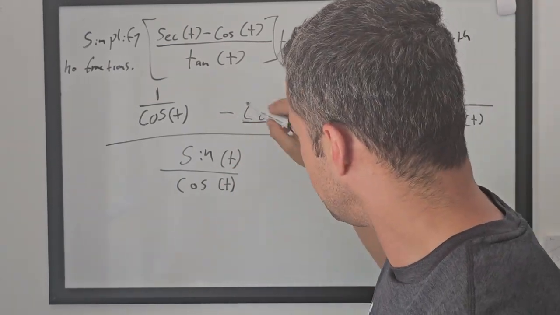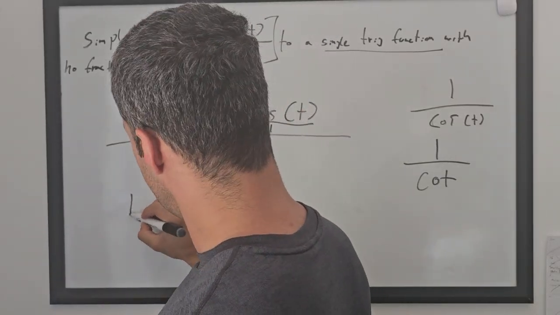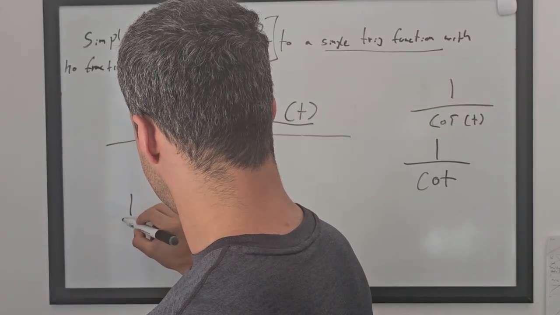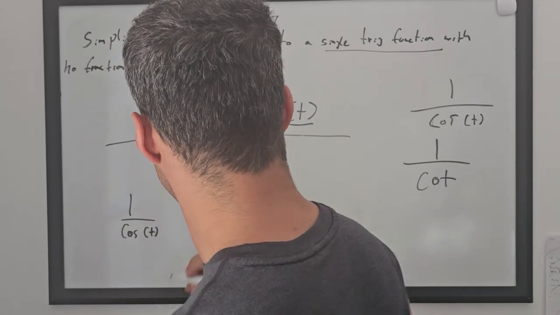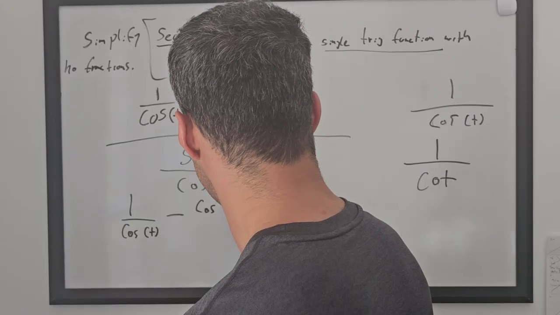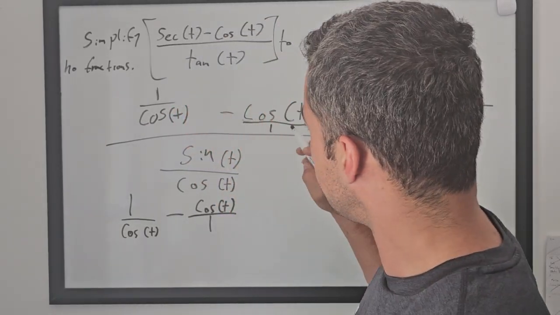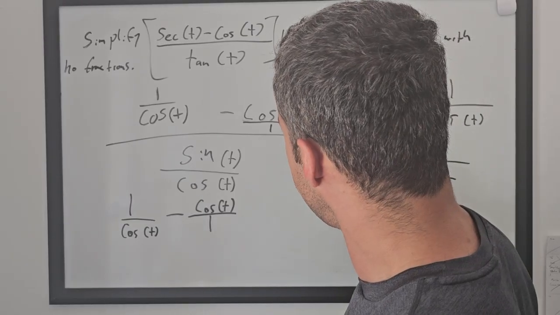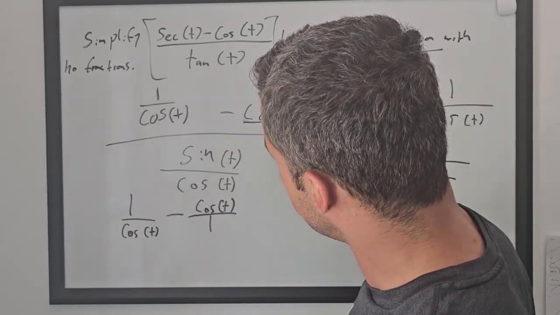For this one, we can rewrite this as 1 over cosine reference angle t minus cosine t over 1. We're going to have to multiply this one by this, and then this by this.